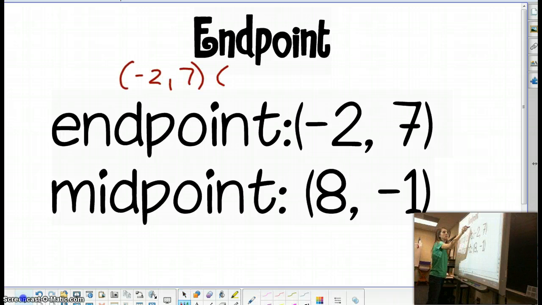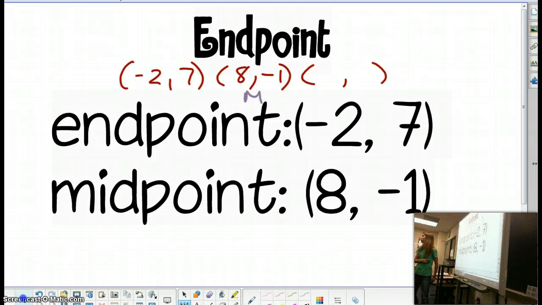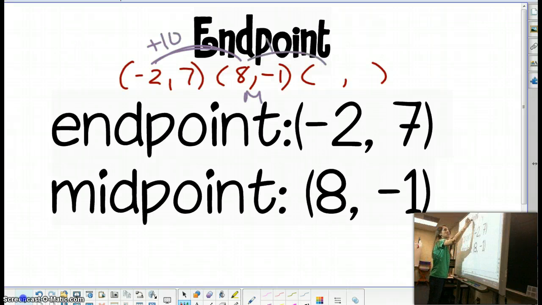Negative 2, 7. 8, negative 1. Put the midpoint in the middle. Now let's do our x's. I travel from negative 2 to 8. In other words, what's 8 minus negative 2? 10. So I travel plus 10, and I want to travel plus 10 more. 8 plus 10? 18.